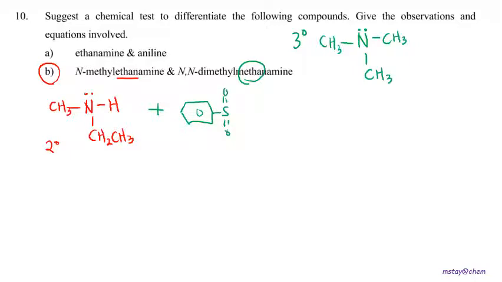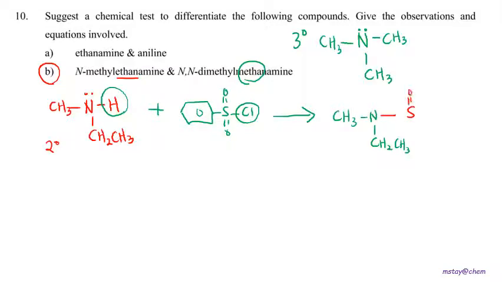As we mentioned, the H from the secondary amine and the Cl from the benzene sulfonyl chloride will react with each other to form CH3 and CH2CH3 bonded to the nitrogen, which is bonded to the sulfonyl benzene.